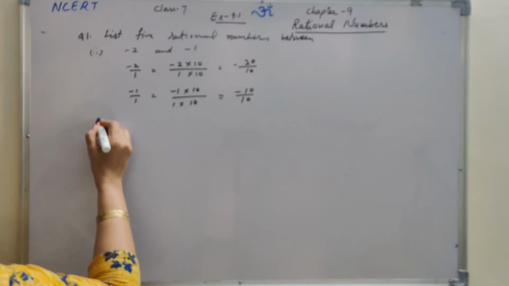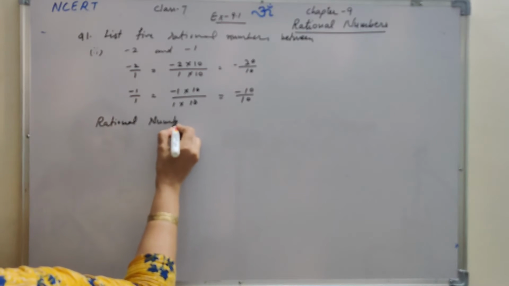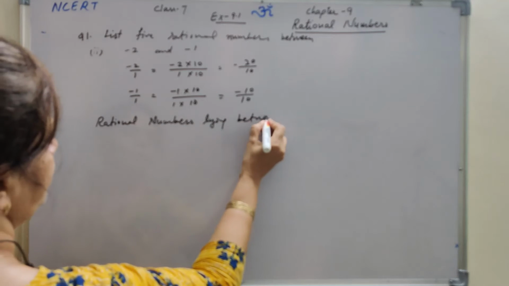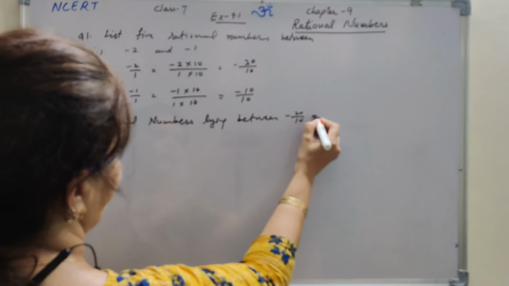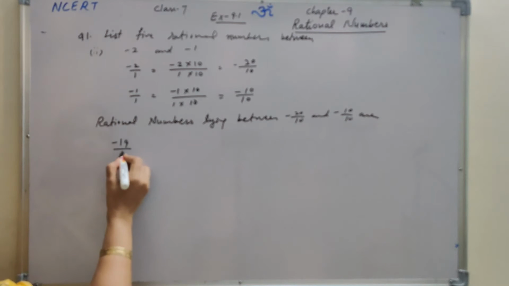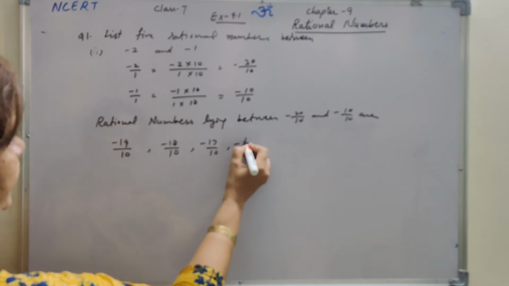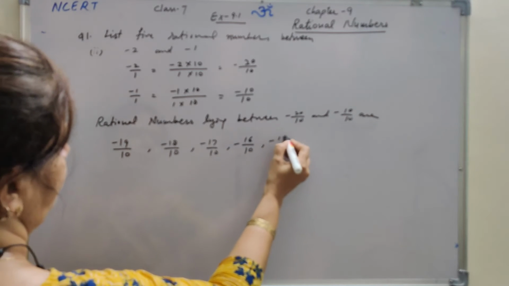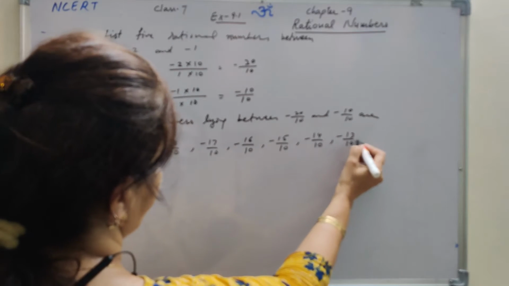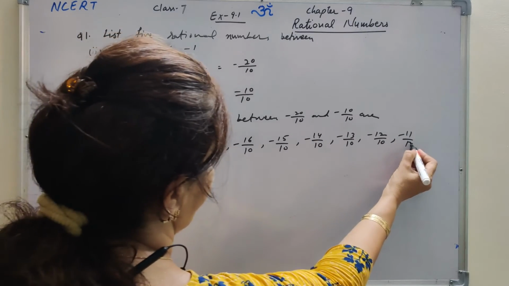I have rational numbers which are lying between minus 20 by 10 and minus 10 by 10 are minus 19 by 10, minus 18 by 10, minus 17 by 10, minus 16 by 10, minus 15 by 10, minus 14 by 10, minus 13 by 10, minus 12 by 10, minus 11 by 10.